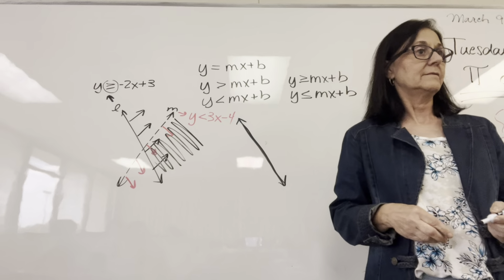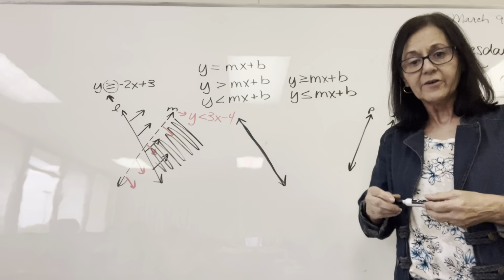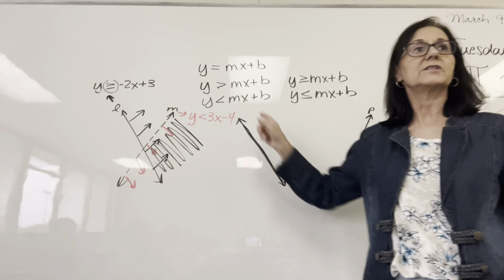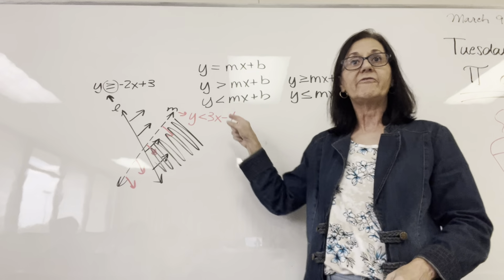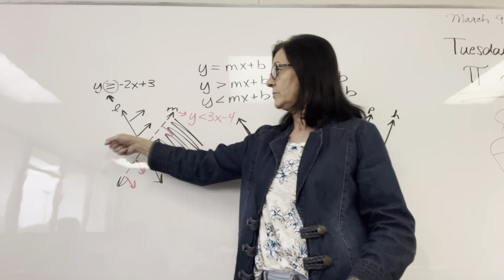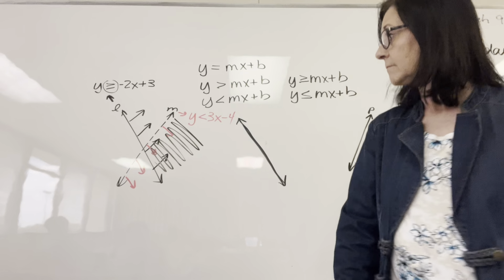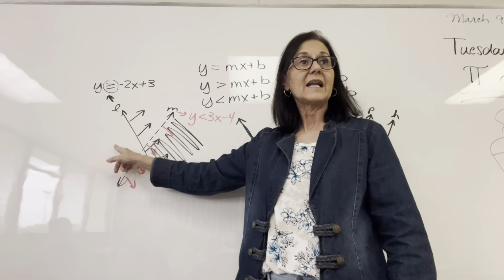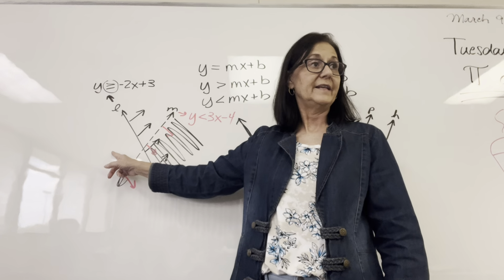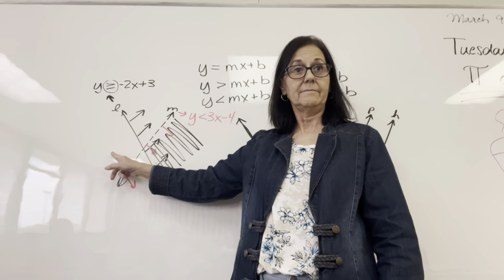Make sense? So when we have intersecting lines, how many regions do we have? We have 4. 1, 2, 3, 4. Make sense? This region satisfies neither of those equations, right?